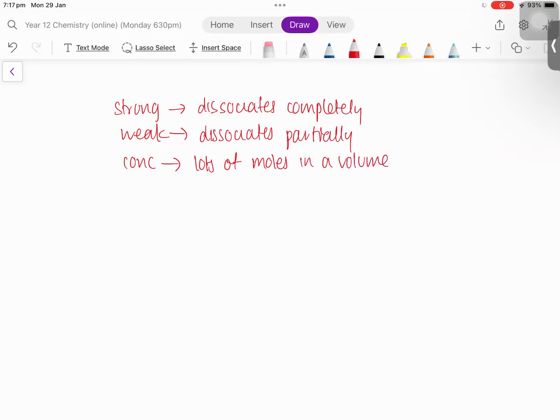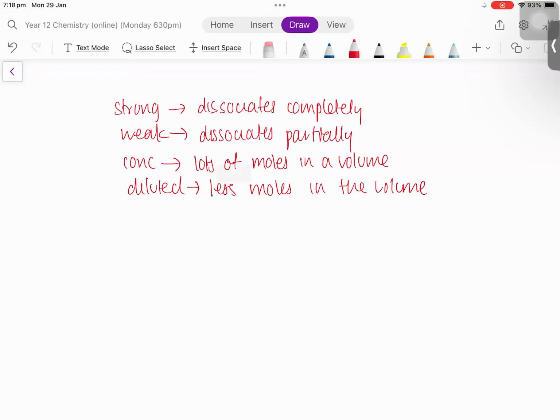Yeah, and a bit more volume. Good. So concentrated means that there's a lot of it in there, and dilute means that there's fewer moles in the volume. Strength has to do with how much it dissociates, whereas concentration has to do with how much is in there, regardless of whether it's the molecule that hasn't dissociated or the ion that has dissociated.